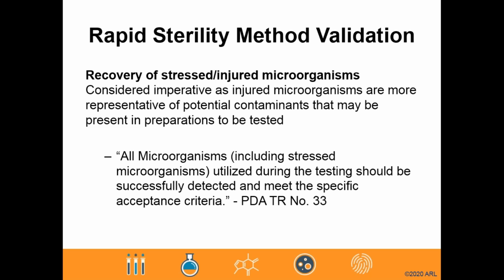The expectation is that reduced CFUs should be present in the injured group compared to the control or healthy cultures. Testing is then carried out similar to how it was for previous validation tests, in that both the alternative and traditional methods are performed using a sufficient number of replicates to allow for appropriate analysis.